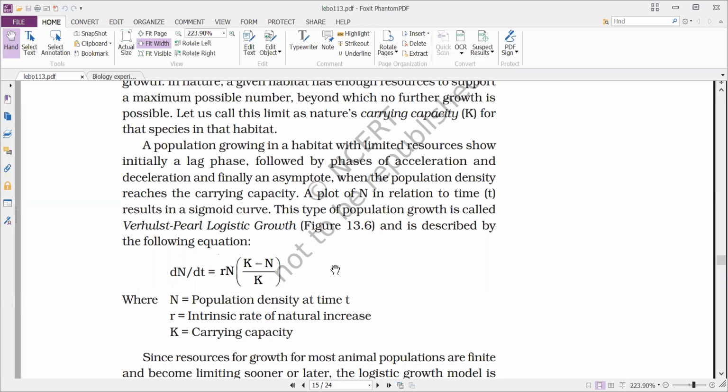When the resources are limited in nature and you plot a graph showing the growth of that population, the curve will look like a sigmoid curve, that is an S-shaped curve. This type of population growth is called Verhulst logistic growth.